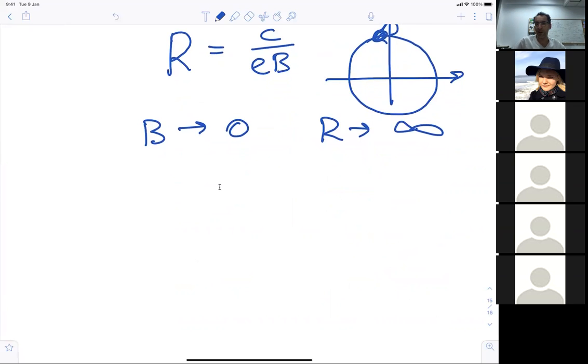Cyclotron radius, but a word of caution: all what I'm saying is completely inapplicable in the quantum Hall regime. All what I'm saying assumes the validity of the semi-classical approximation.